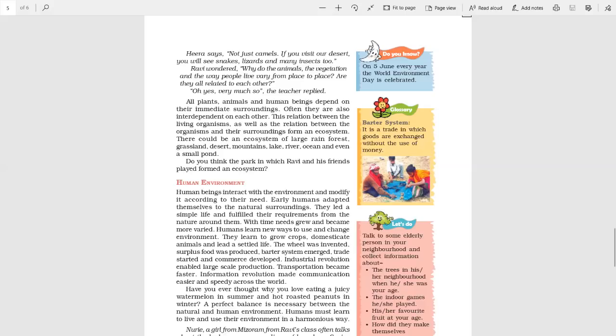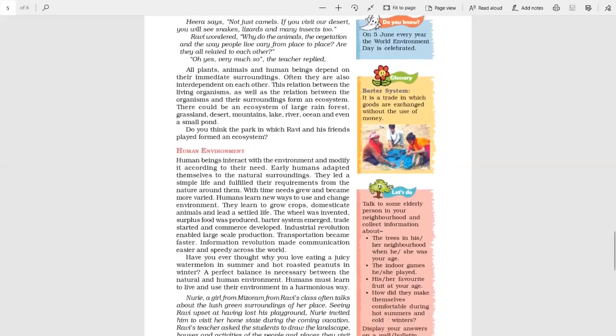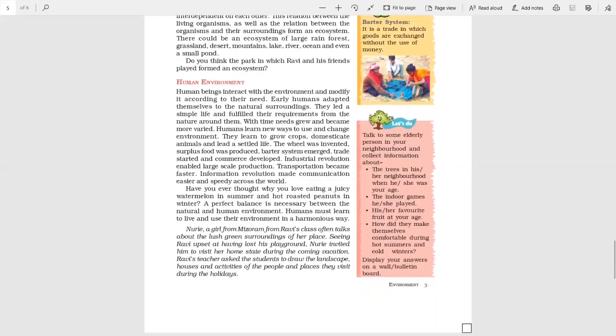There could be an ecosystem of a large rainforest, grassland, desert, mountains, lakes, a river, ocean, and even a small pond. Do you think the park in which Ravi and his friends played formed an ecosystem? Think on it."